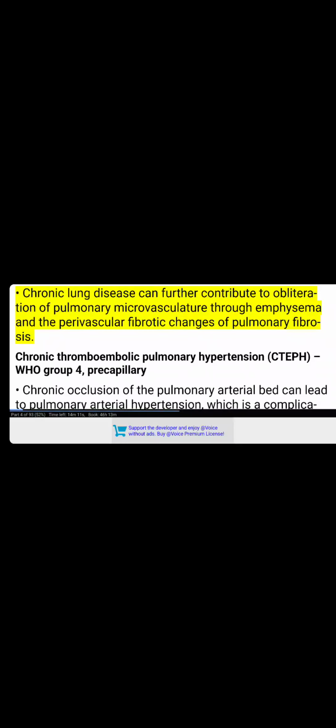Chronic thromboembolic pulmonary hypertension, CTEPH, WHO Group 4, precapillary. Chronic occlusion of the pulmonary arterial bed can lead to pulmonary arterial hypertension, which is a complication affecting 1–5% of patients who develop acute pulmonary embolism (PE). Of note, many patients with CTEPH never had a previously diagnosed acute PE.